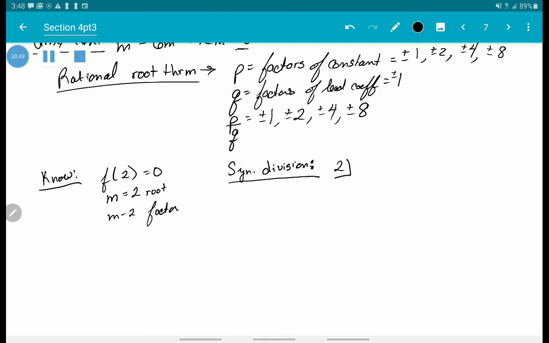So we have, for our auxiliary equation, m cubed minus 6m squared plus 12m minus 8. We're going to divide it by m minus 2. So 2 goes in the box. The box is always the root. Bring down the first term, multiply, add down the columns.